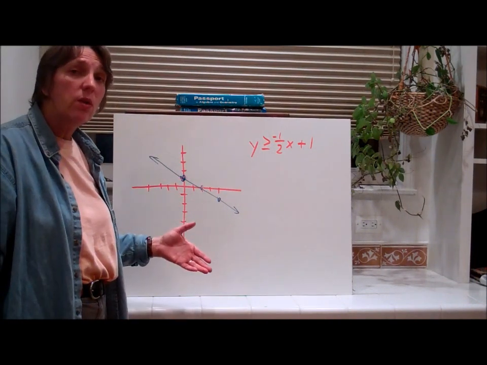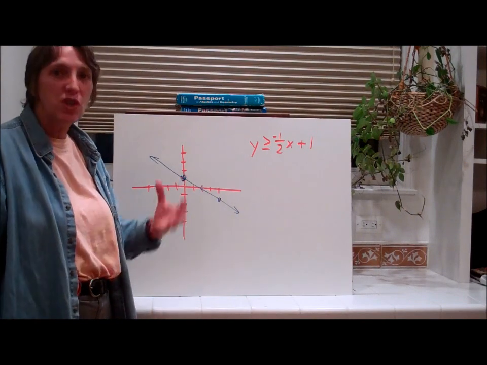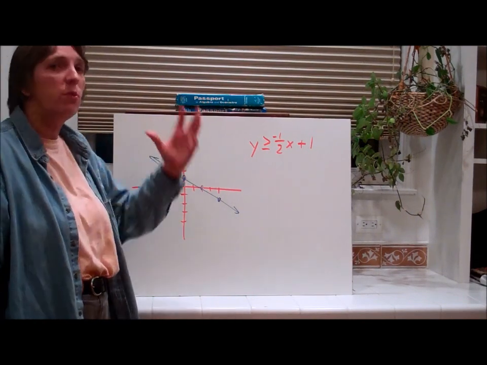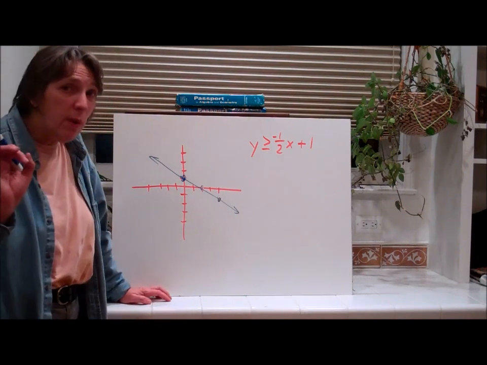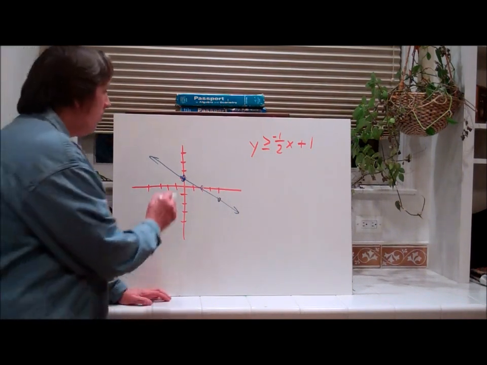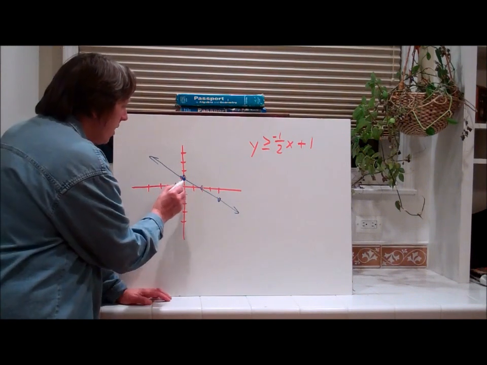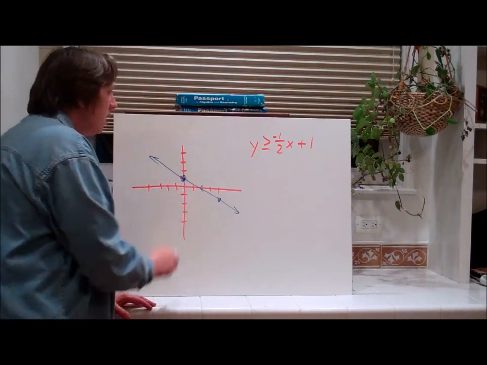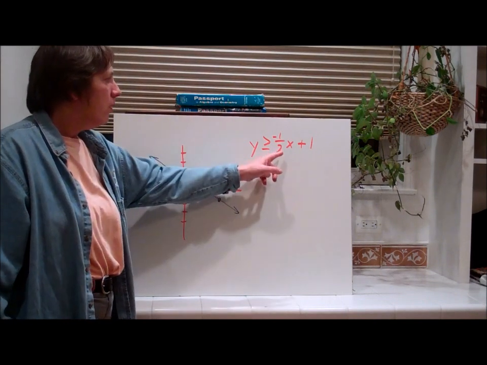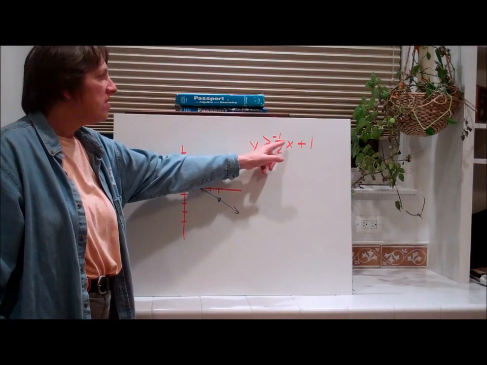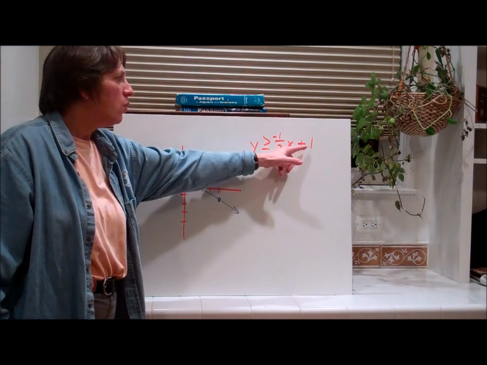Because of the inequality, we have to shade. Whenever you have a linear inequality, you have to show shading to show where all the other points are that would make that true. So again, I'm going to go to my trusty point, 0, 0, and see if it will make this true. Negative 1/2 times 0 is 0, and 0 plus 1 is 1.